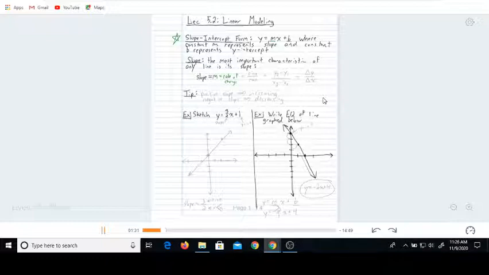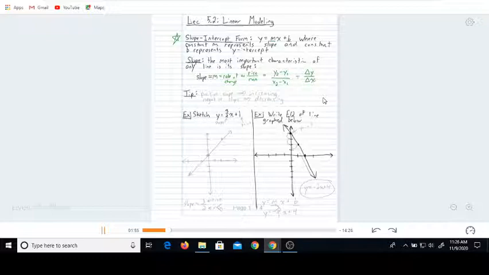Every line will have a constant rate of change, and we can view that as rise over run. That's the visual way of looking at it. And the other way of looking at it is y2 minus y1 over x2 minus x1. In other words, that's change in y divided by change in x.